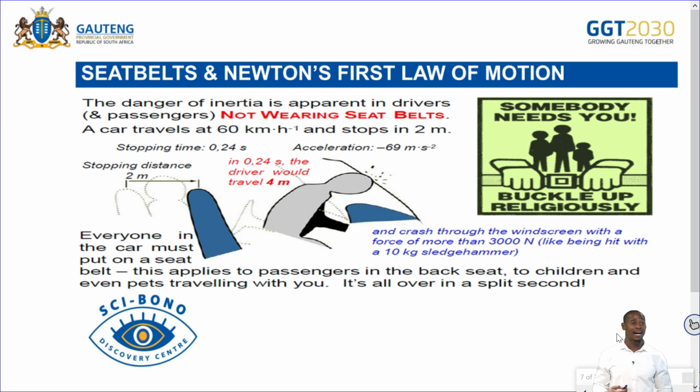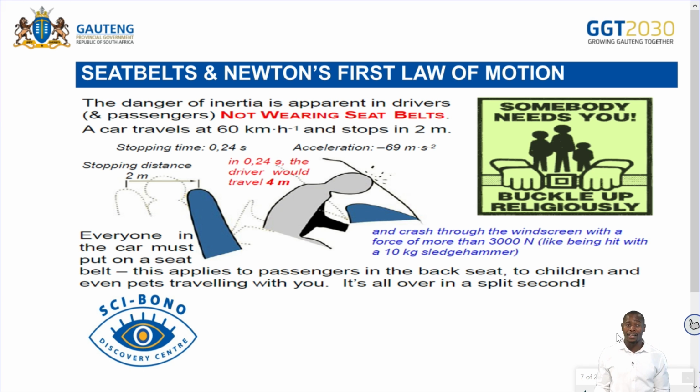And then this is now the importance of seat belts. We are explaining that using Newton's first law. According to Newton's first law, if you are not wearing a seat belt, we are likely to experience injuries. Because, for example, if a car is moving at a speed of 100 kilometers per hour forward and suddenly stops, what happens?